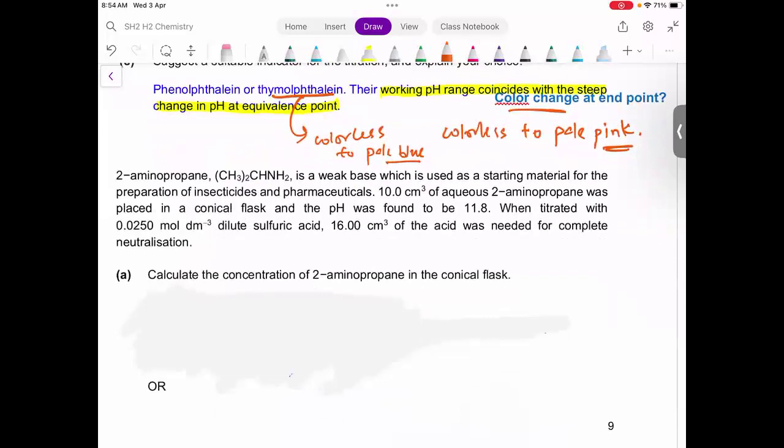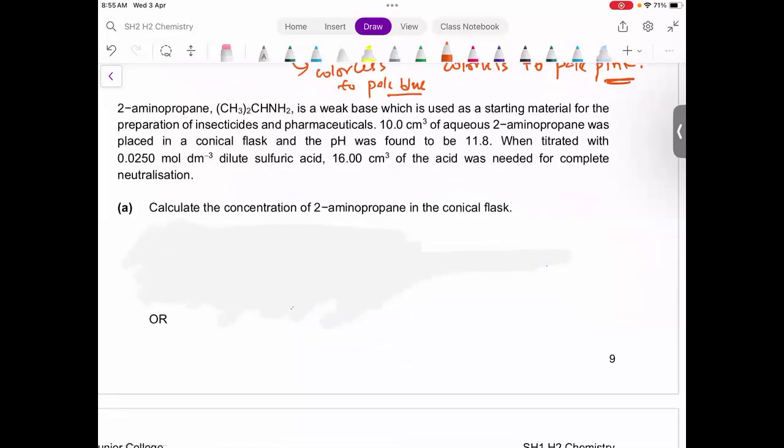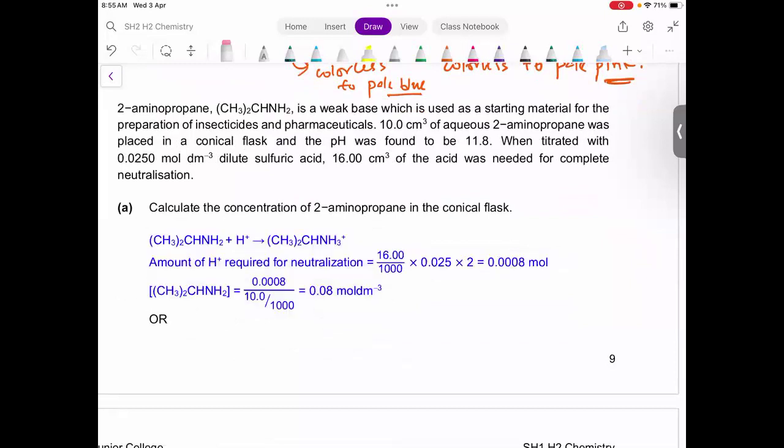Okay, can I quickly go through this part? Calculate the concentration. You have done it, right? So I just quickly go through the answer. The neutralization involves your H plus. But please take note, the concentration of sulfuric acid here is that of H2SO4, so the concentration of H plus is actually 0.05 mol per dm cube.